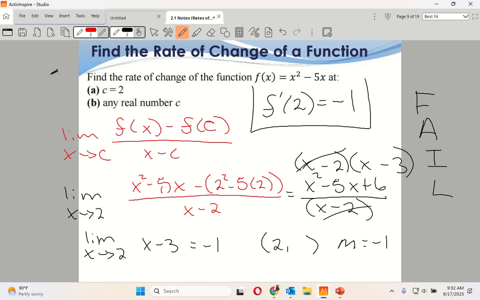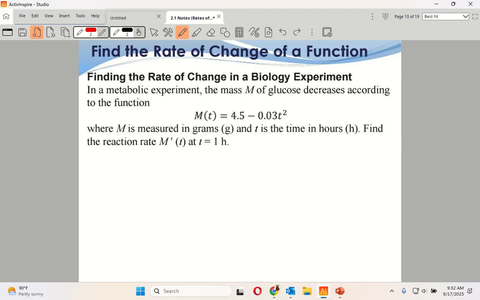Alright, for any real number c. So now for this one right here, we're going to use that difference again with the limit. I like doing it this way instead: the limit as h approaches 0 of f of x plus h.